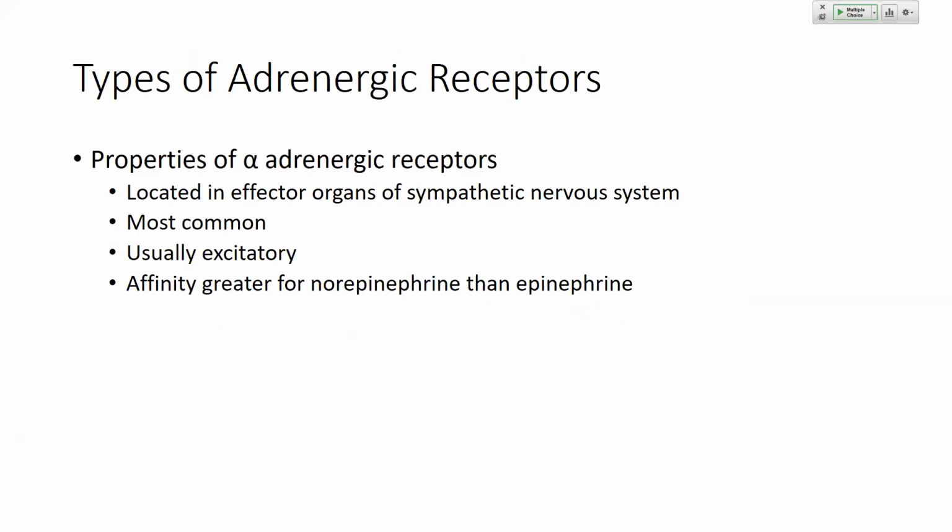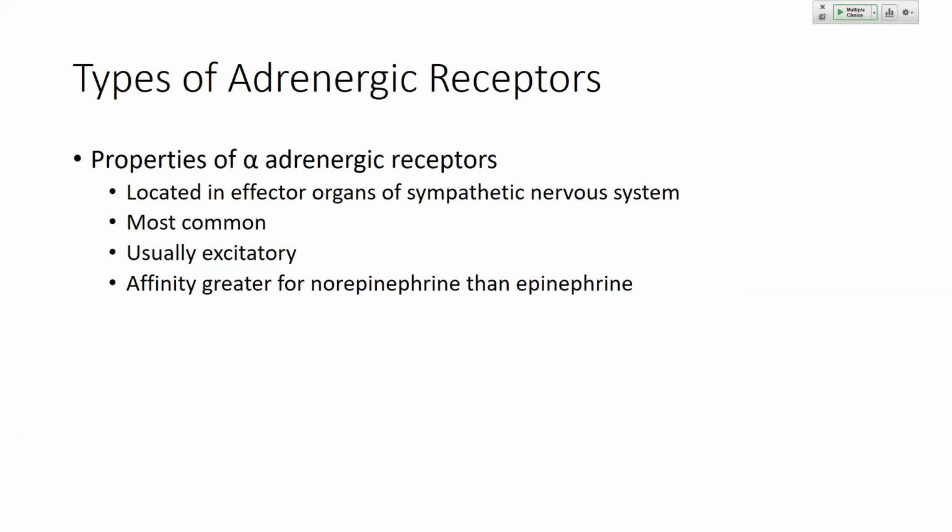So properties of adrenergic receptors is that they're located in the effector organs only on the sympathetic side. Okay. Alphas are the most common. They are also usually excitatory with the exception of alpha 1. We'll talk about that in a minute. And then they have affinity greater for norepinephrine than epinephrine.